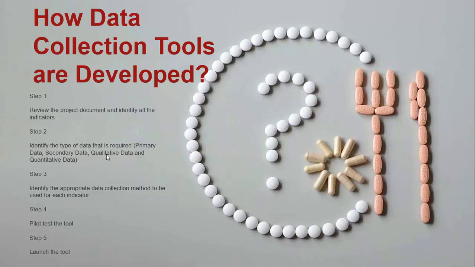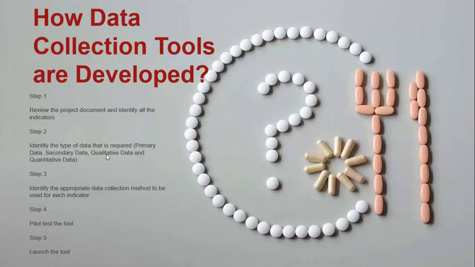Okay, so step 3 is to identify the appropriate data collection method. So after you've established that this indicator requires qualitative data, then the method that you would recommend is probably key informant interviews or focus group discussions.